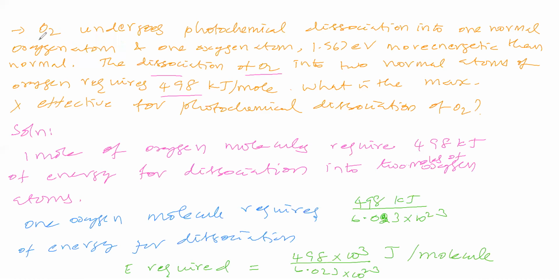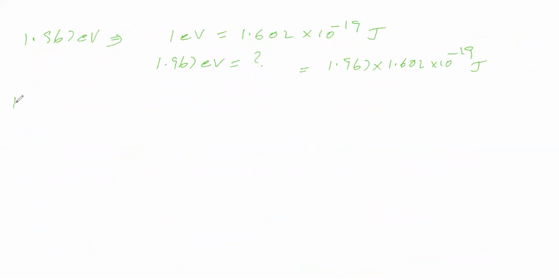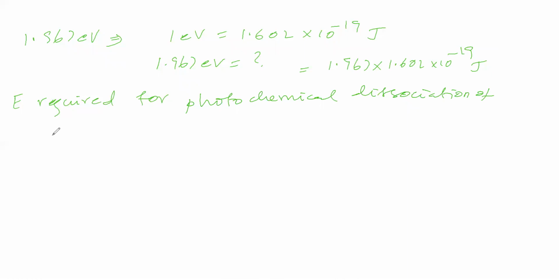Now, oxygen undergoes photochemical dissociation into one normal oxygen atom and one oxygen atom which is 1.967 electron volt more energetic than normal. Therefore, what is the energy required for photochemical dissociation of one oxygen molecule?